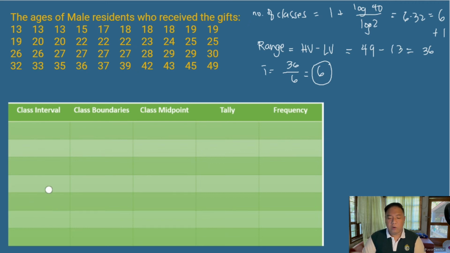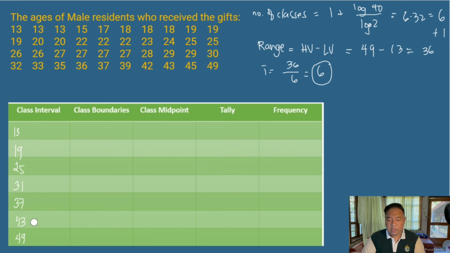Okay? So, let's go to the lower limits. Just keep adding 6. So 13 plus 6 is 19. Plus 6 is 25. Then 31, 37, 43, and 49.